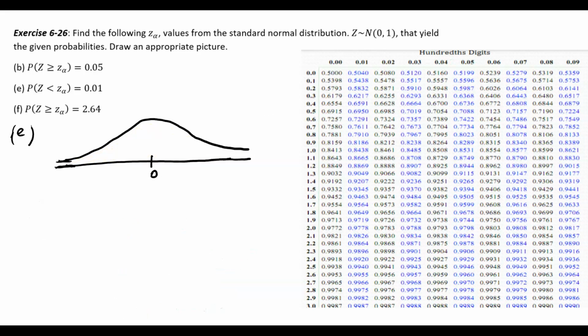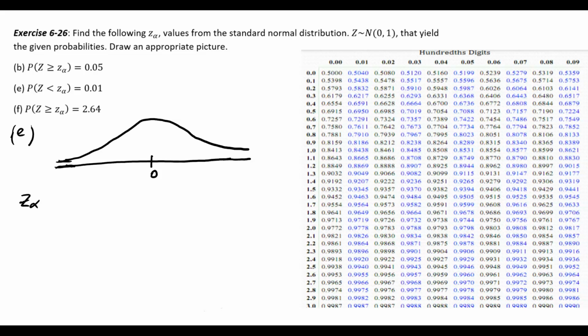Now let's look at E. With E, again, we're trying to find the z sub alpha that's associated with the area under the curve that is 0.01. But this time we're looking at, for the z-score, where the probability is less than z. Again, I'm looking at 0.01, and I know that that's a very small probability.